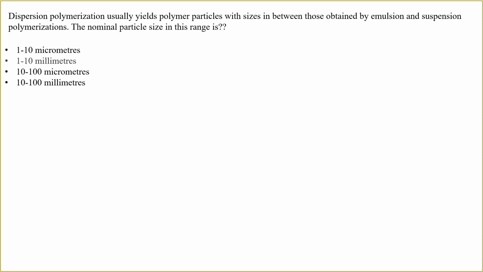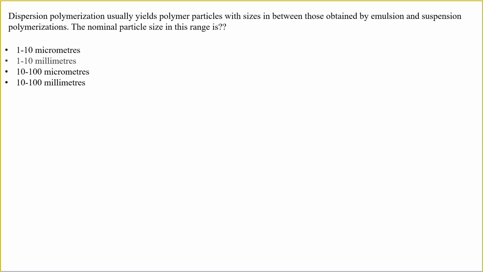So somewhere in the middle of that will be 1 to 10 millimeters. That is the particle size produced in dispersion polymerization, in the middle of emulsion and suspension polymerization.